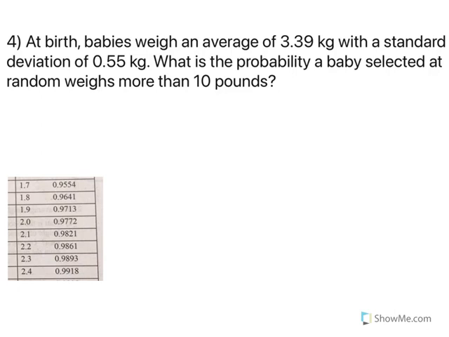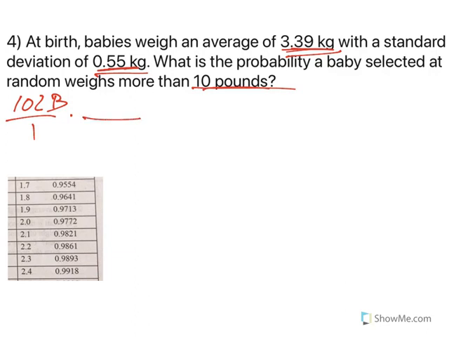At birth, a baby weighs an average of 3.39 kilograms with a standard deviation of 0.55 kilograms. What is the probability a baby selected at random weighs more than 10 pounds? Well, we can do this one of two ways. We can either convert kilograms to pounds or pounds to kilograms. Since I already have these two in kilograms, I'm going to change 10 pounds to kilograms.